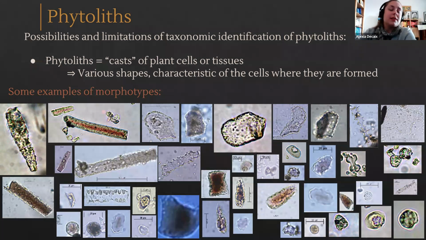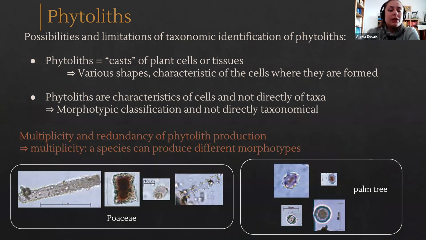So phytoliths are casts of plant cells or tissues, and they can have different shapes, as you can see here, characteristic of the cells in which they are formed. So they are characteristic of cells and not directly of the taxa.